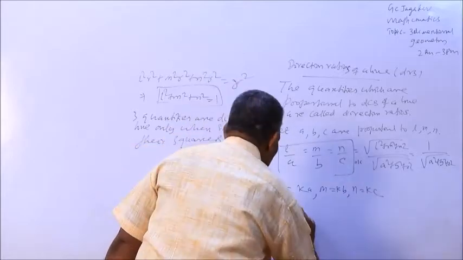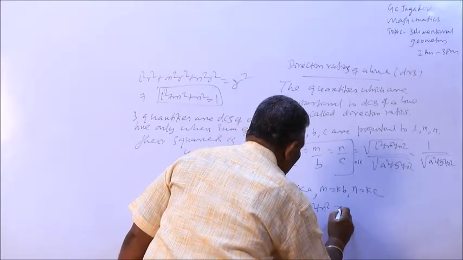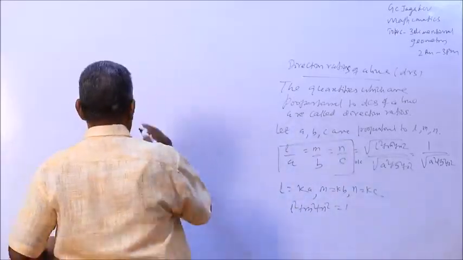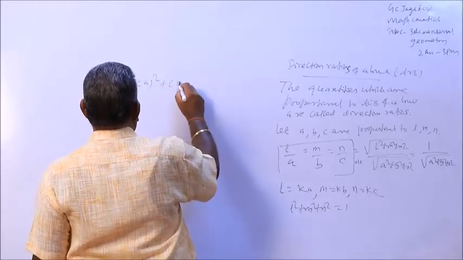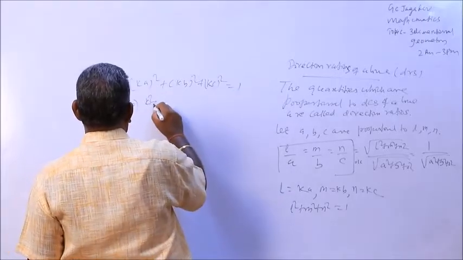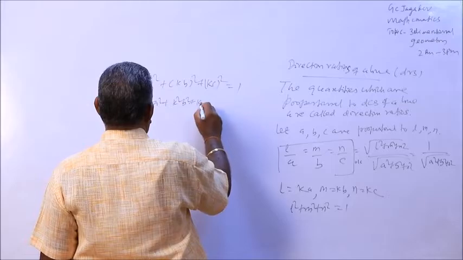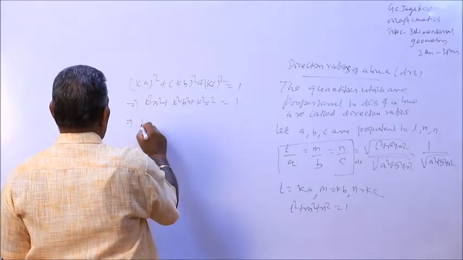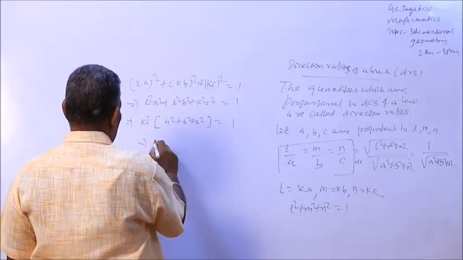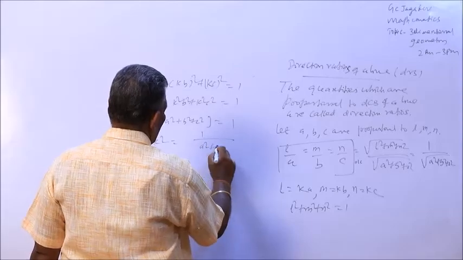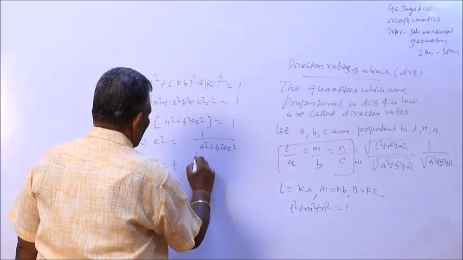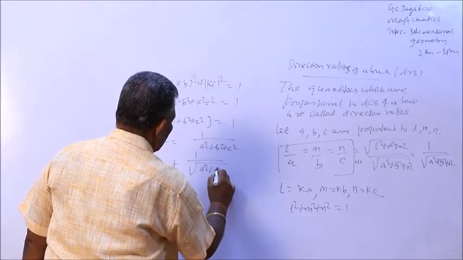So L square plus M square plus N square equals 1. That implies KA whole square plus KB whole square plus KC whole square equals 1. That implies K square A square plus K square B square plus K square C square equal to 1. Taking K square as a common factor, we have K square times A square plus B square plus C square equal to 1. That implies K square equals 1 by A square plus B square plus C square. That implies K equal to plus or minus 1 by root over of A square plus B square plus C square.